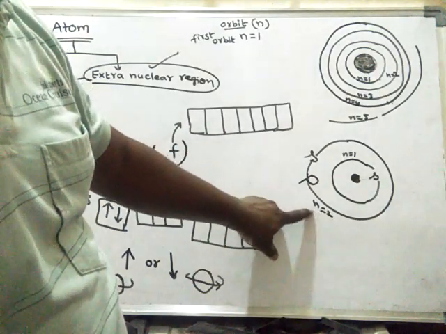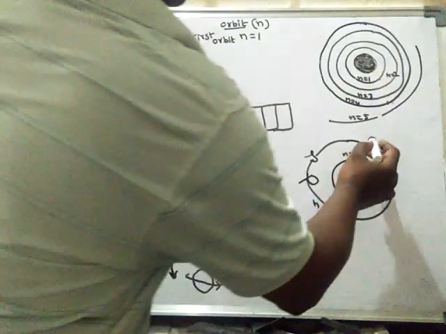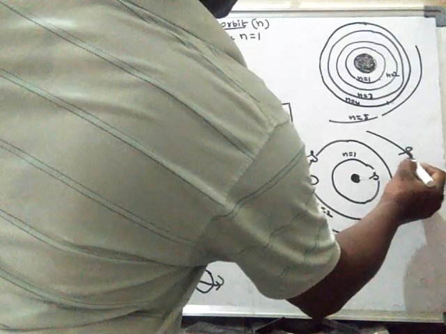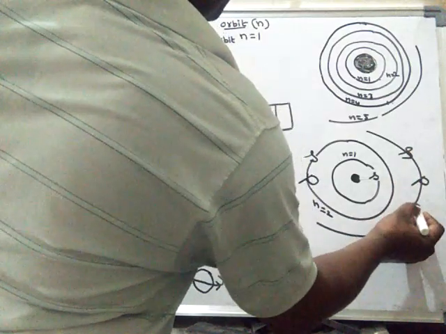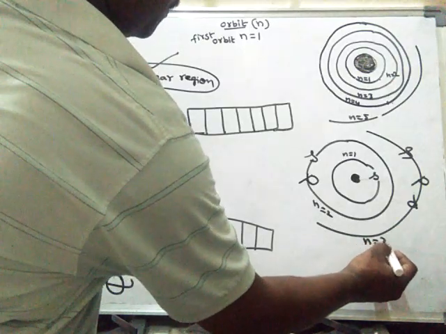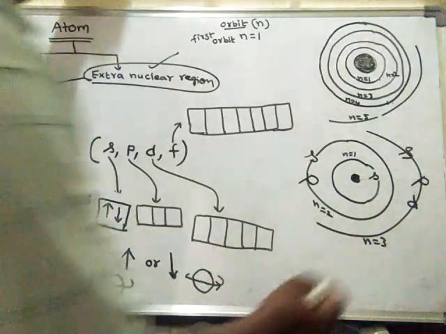The second orbit contains two suborbits, s and p. And the third orbit contains the s suborbit, p suborbit and d suborbit also.